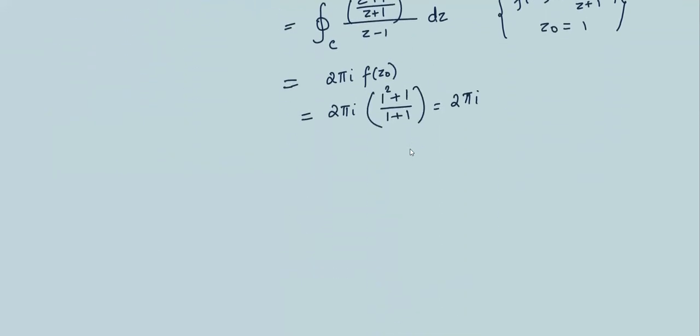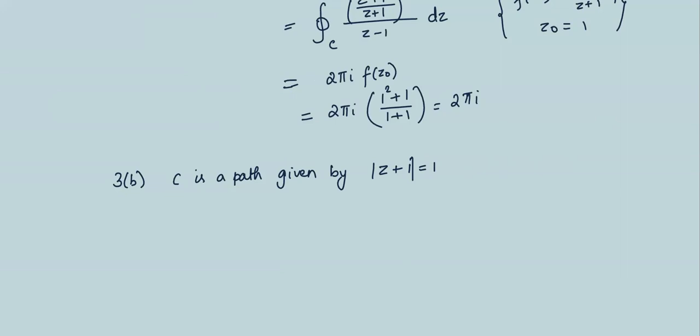Now let us look at the second case. C is a path given by mod z plus 1 equal to 1.